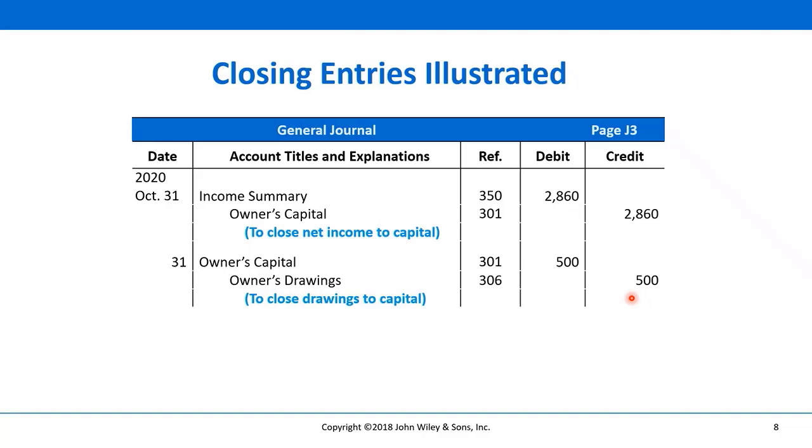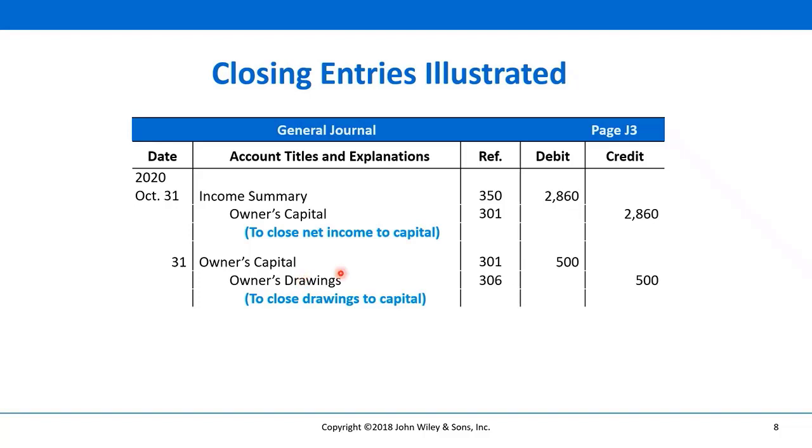And since drawings decrease the owner's equity, we can use the owner's capital account as a debit to close the drawings account. So when we credit the owner's drawing, we debit the owner's capital, and in that way we can also close the owner's drawings account.